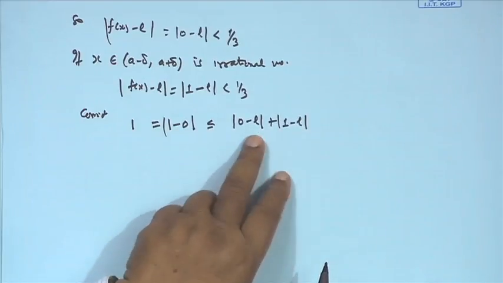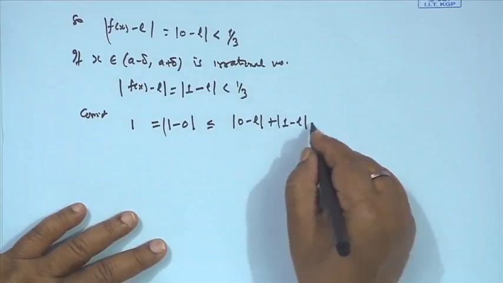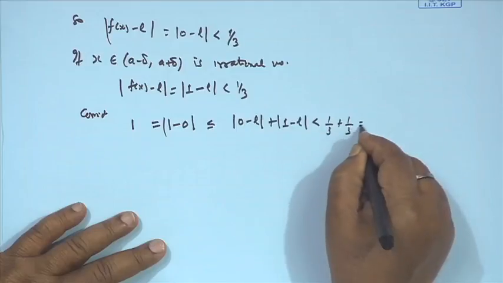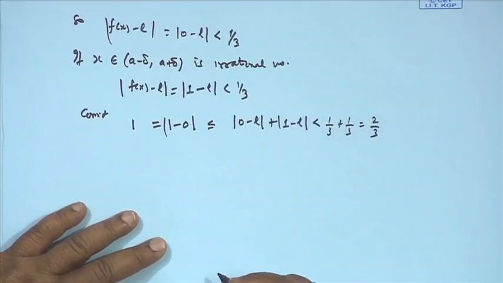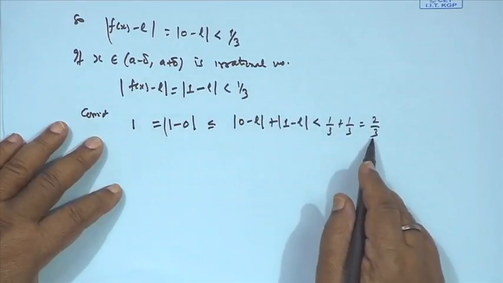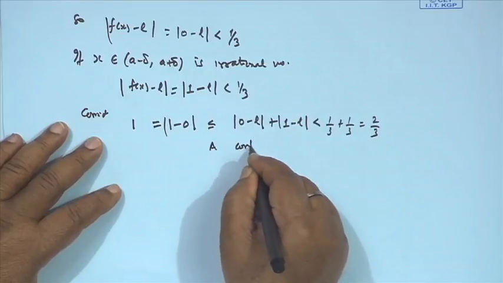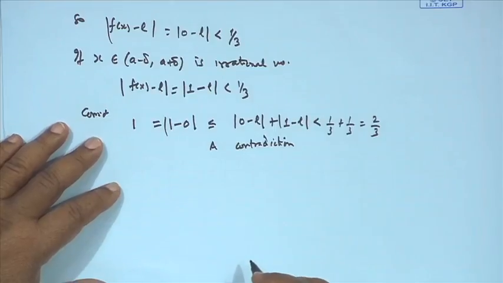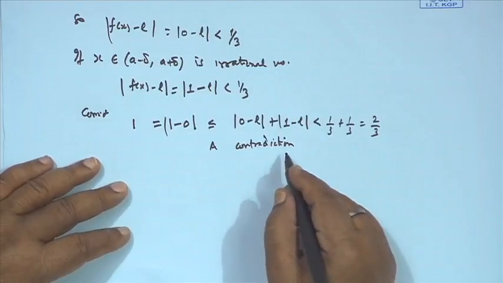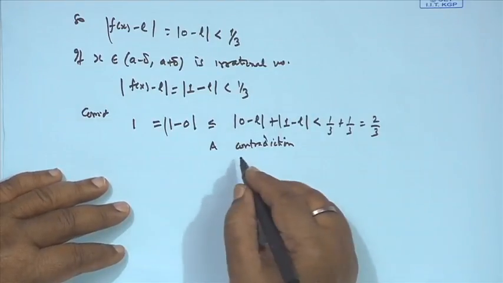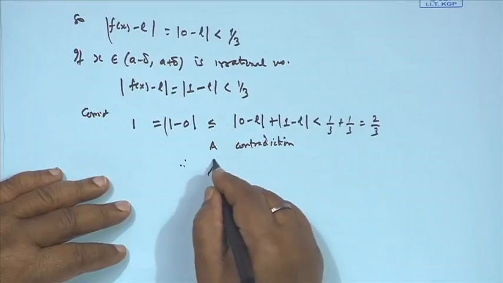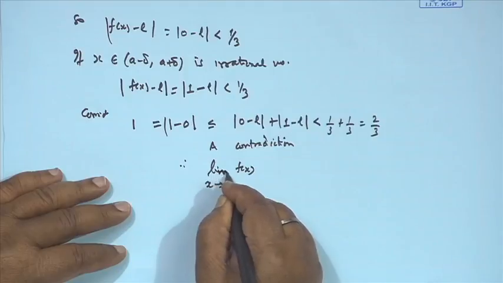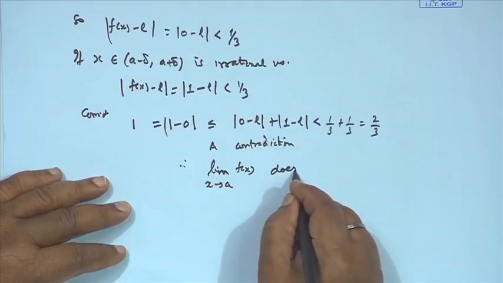L gets cancelled, and this is less than 1/3, this is less than 1/3, total is less than 2/3. So, 1 is strictly less than 2/3, a contradiction. A contradiction is reached because of the wrong assumption that the limit exists. Therefore, the limit of the function f(x) when x tends to A does not exist.